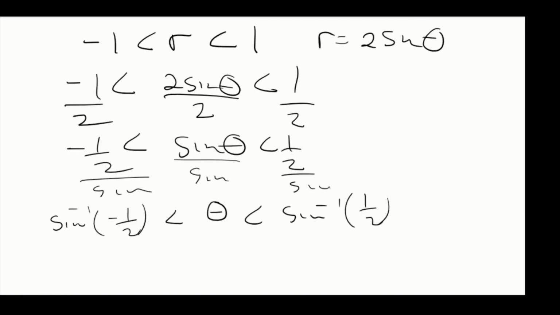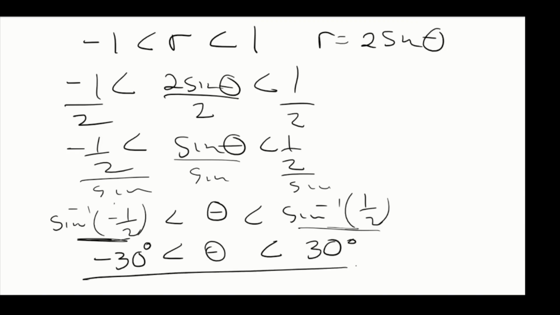We know very well that the inverse is 30 degrees, so because this one is negative, it's going to be -30 degrees, and this one here is going to be 30 degrees. So our theta lies between -30 degrees and 30 degrees.